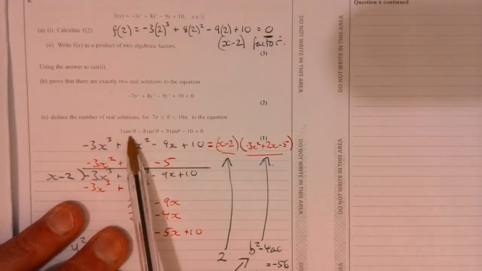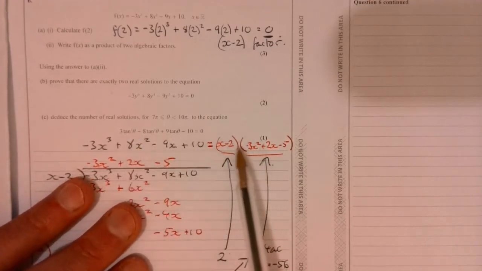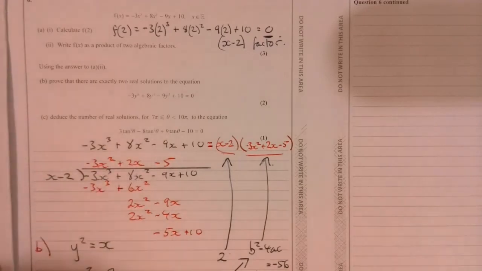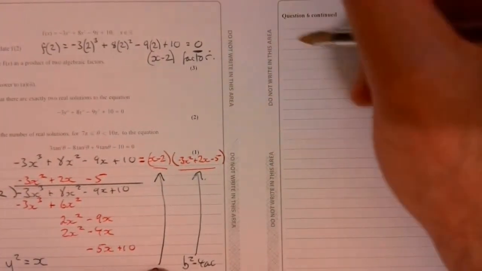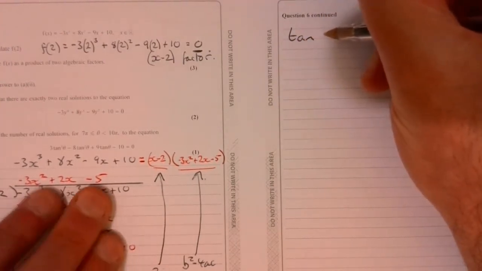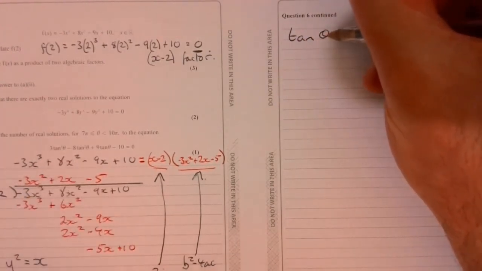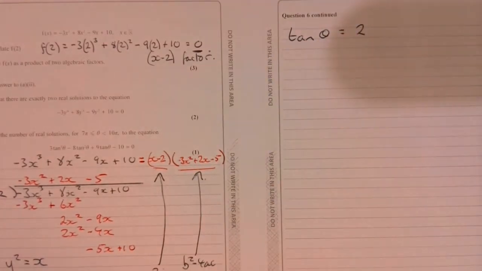So in other words, the only real difference is that it's when tan theta is going to be equal to 2. Tan theta is the same as the x bit. So we can write down that tan theta must equal 2.